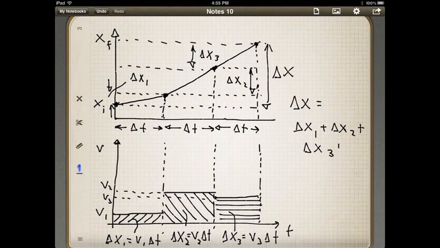So delta x, the total change in position of the object, is made of the sum of the change in position in the first interval plus the change in position in the second interval plus the change in position during the third interval. And if you had more segments, which you could have, you would just continue to add them. Since in every segment the motion was constant velocity, we can express delta x as v1 delta t plus v2 delta t plus v3 delta t, and so on.